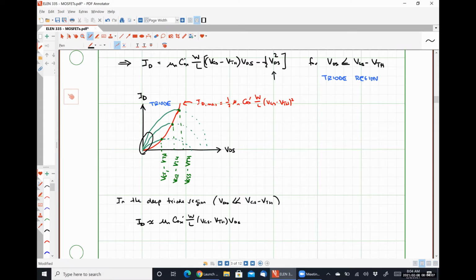So in the very deep triode region, we can say that our MOSFET transistor is behaving as if it were a voltage-controlled resistor.